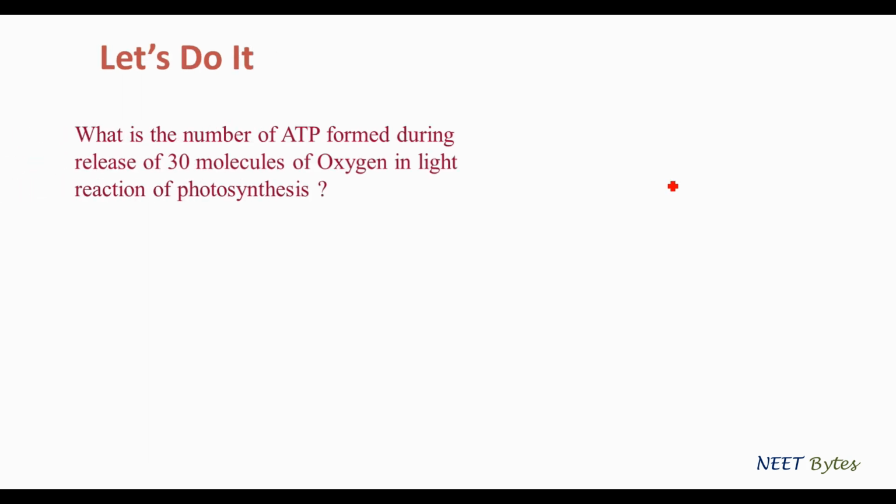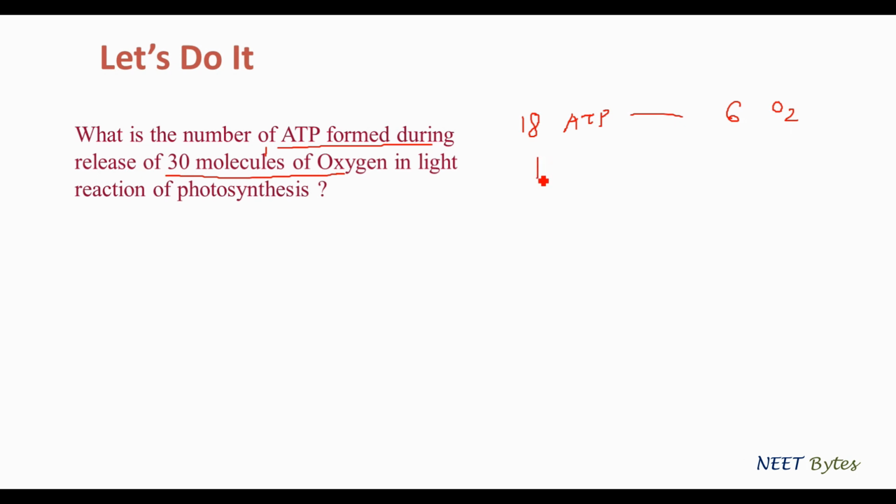Let's try to see some of the questions based on these relations. Now the question is, what is the number of ATP formed during the release of 30 molecules of oxygen in the light reaction of photosynthesis? Right, we have seen that altogether 18 ATP are formed for the release of 6 molecules of oxygen.